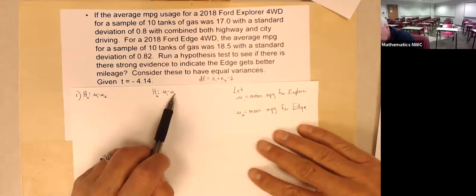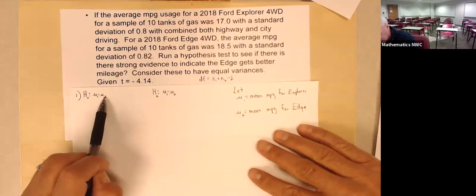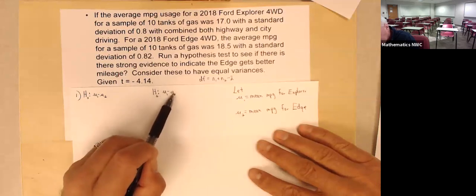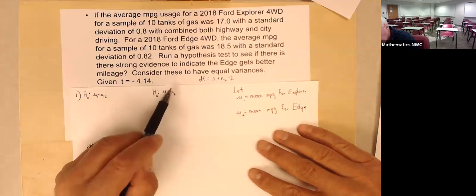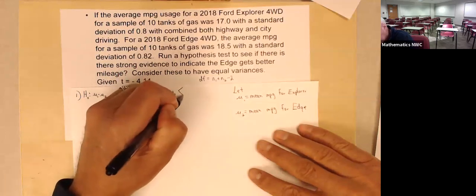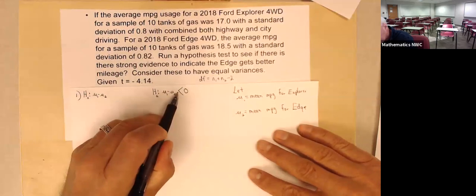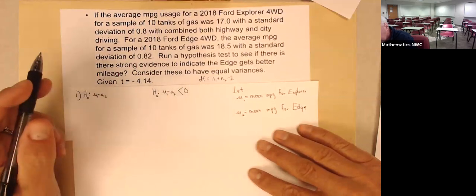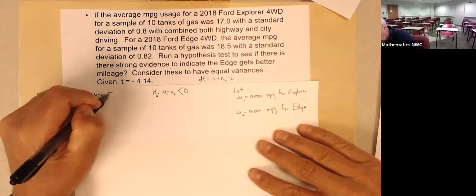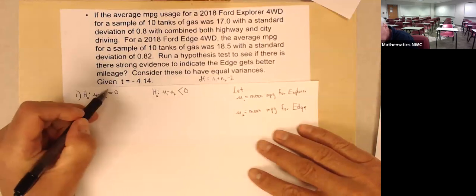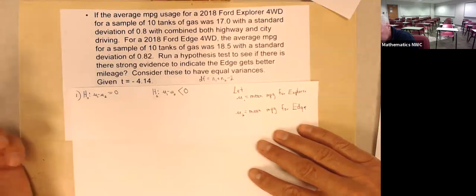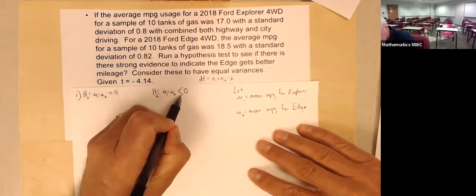I'm looking to see if the second one is a bigger number. If I take a bigger number, subtract it from the smaller, that would be a negative difference. That's why I'm looking to see if it's less than 0. This one would be equal to 0. I could have put greater than or equal to. I'm just going to go with that one. This one has to be less than. This is the most important.